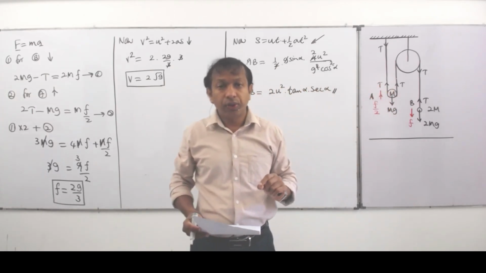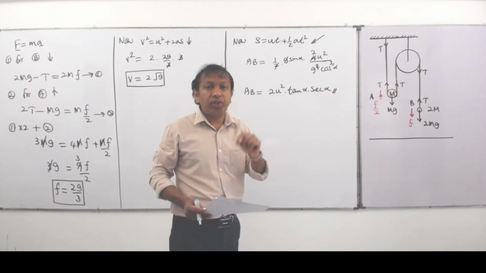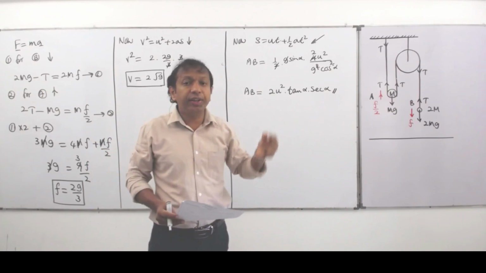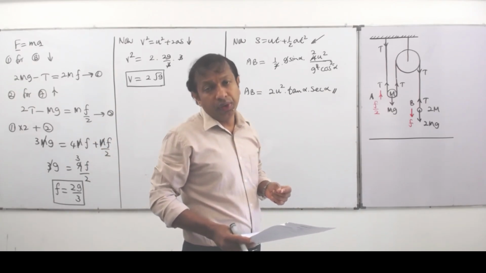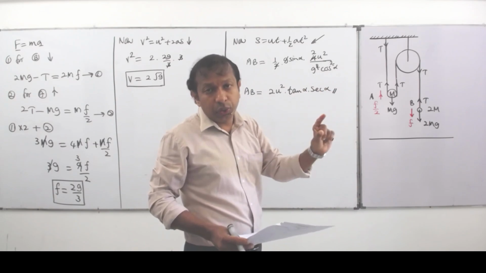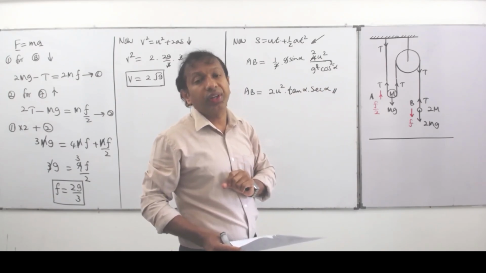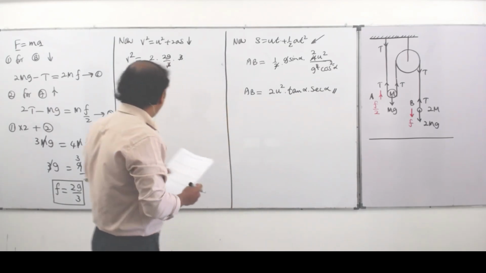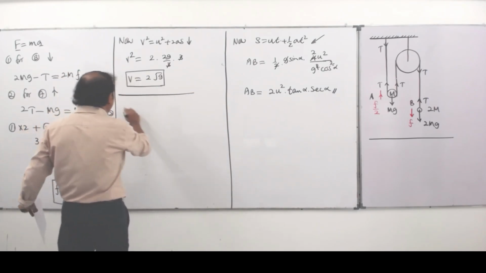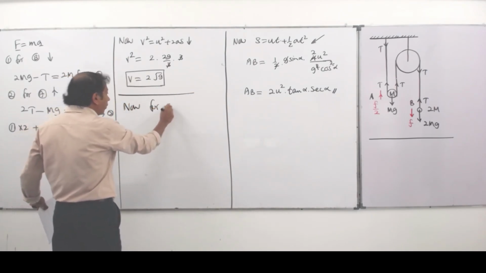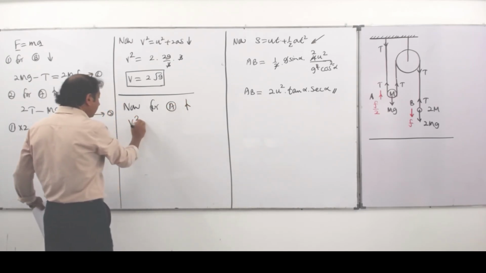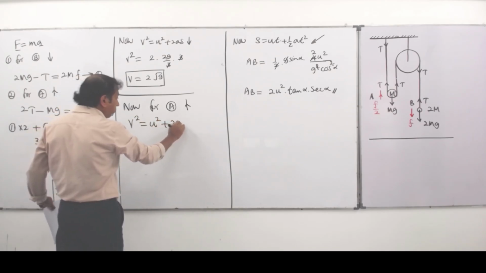3 by 2 meters. Now, it will have the velocity v by 2. Now, we are going to find, with that v by 2 velocity, what height this A can move under gravity. That height plus 3 by 2 plus 3, we have to what? Add to find the total height ascended by the particle A. Right. Now, for capital A, we can apply upwards direction, v squared equals u squared plus 2as.